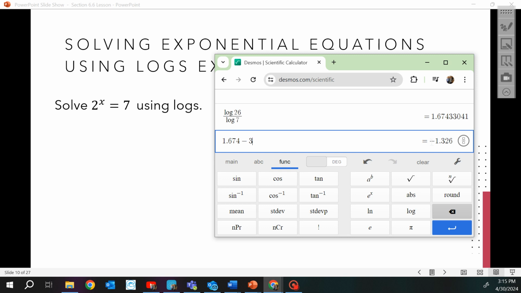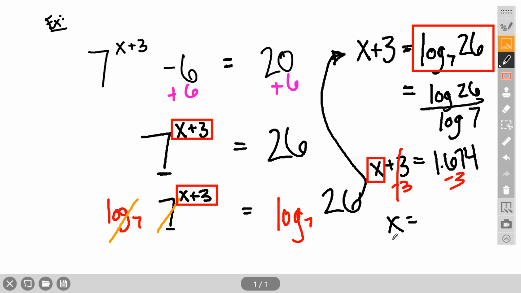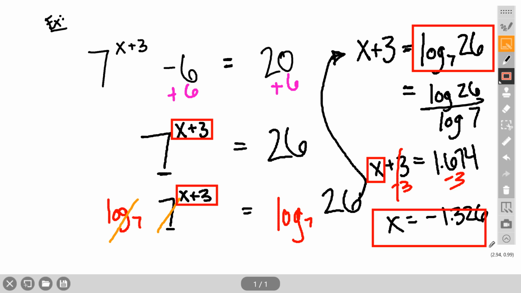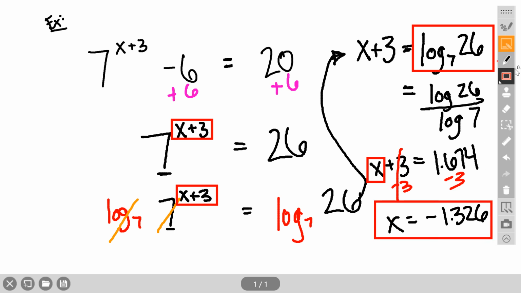Yeah, it should be. Negative 1.326. Okay, so we get a solution of x equals negative 1.326. Okay, so this is our solution to our equation, and we used logs. This was an exponential equation that we used logs to solve.